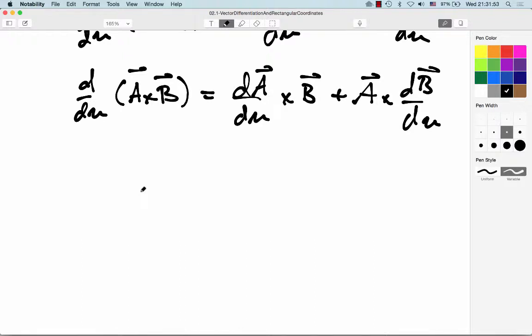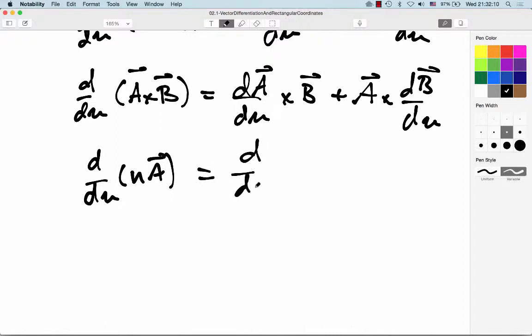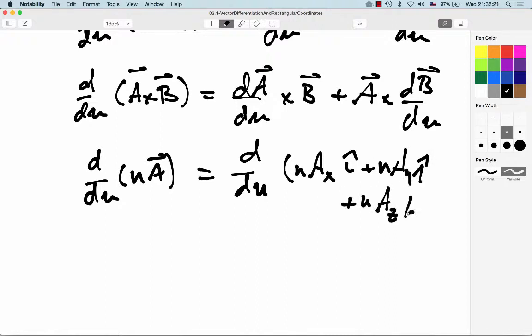Okay, so remember vector differentiation is defined in terms of Cartesian coordinates, so we need to start here. d du of n times A will equal, following our recipe here, d du of n A sub x i hat plus n A y j hat plus n A z k hat.